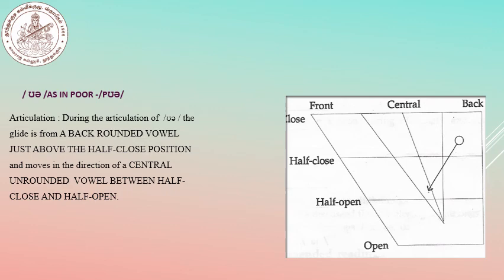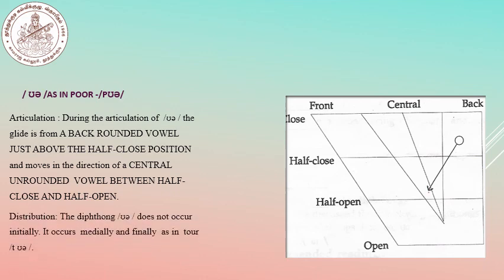And from that you can find out why the arrow mark goes to that particular place. If it is a centering diphthong, the arrow mark will be to the central part. If it is a closing diphthong, it will go towards the close part, that is close, half open, open. That is how we have divided the diagram. The arrow mark should go towards the close part, either in the front or in the back. It should not go to the central close part. I hope you understood it.